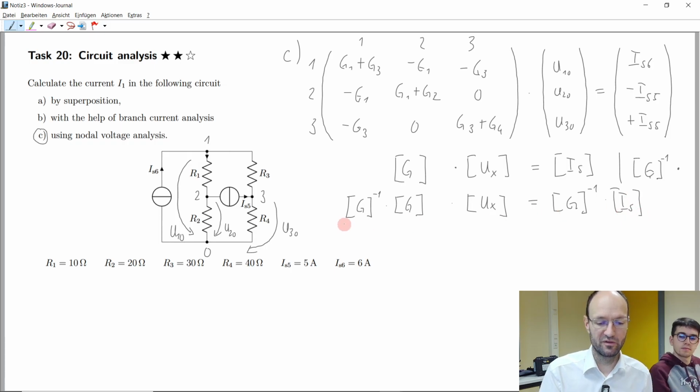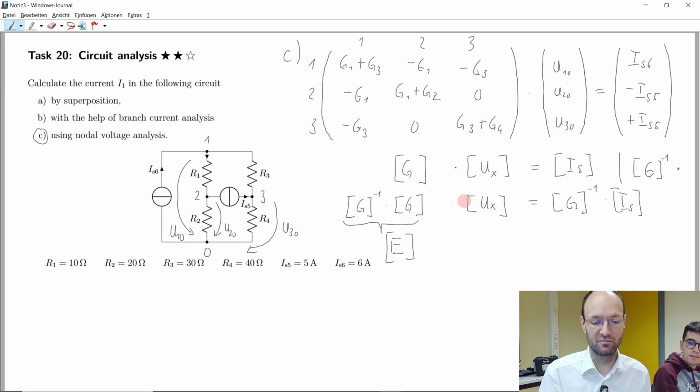And so then we simplified this, because the inverse of a matrix multiplied with the matrix itself gives, what's it called, unity? No, well, the identity matrix. And the identity matrix multiplied with some vector gives the vector itself.